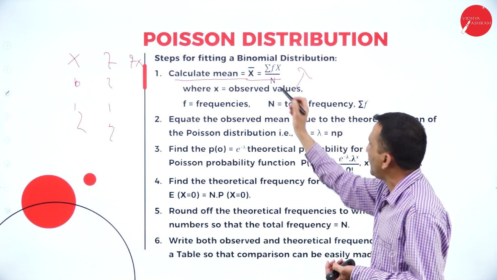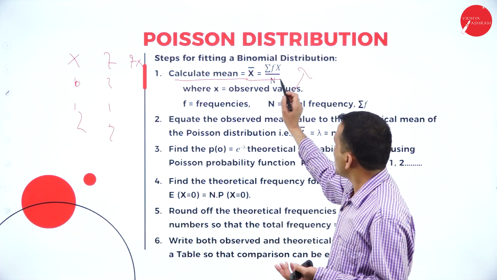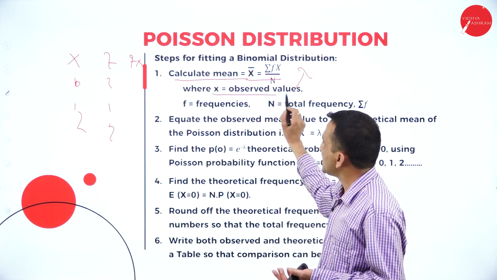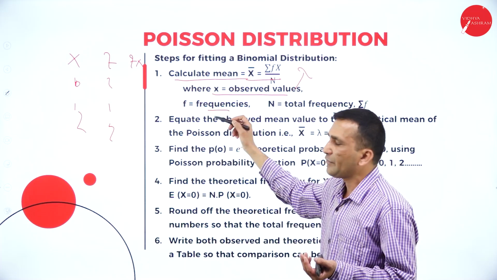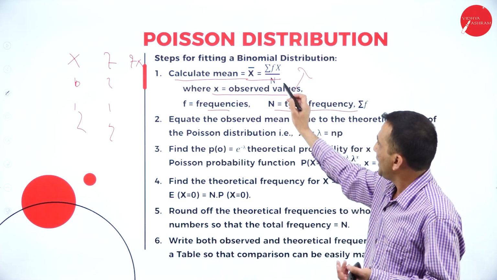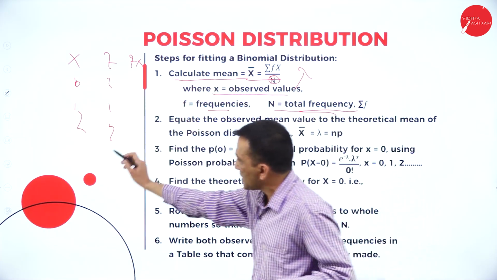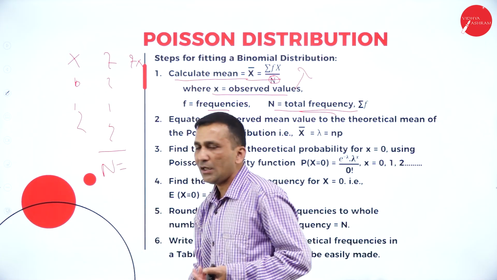You know the arithmetic mean formula: sigma fx divided by n. Here x is the observed value and f is the observation frequency. N in the arithmetic mean is the total frequency given, which is always capital N.